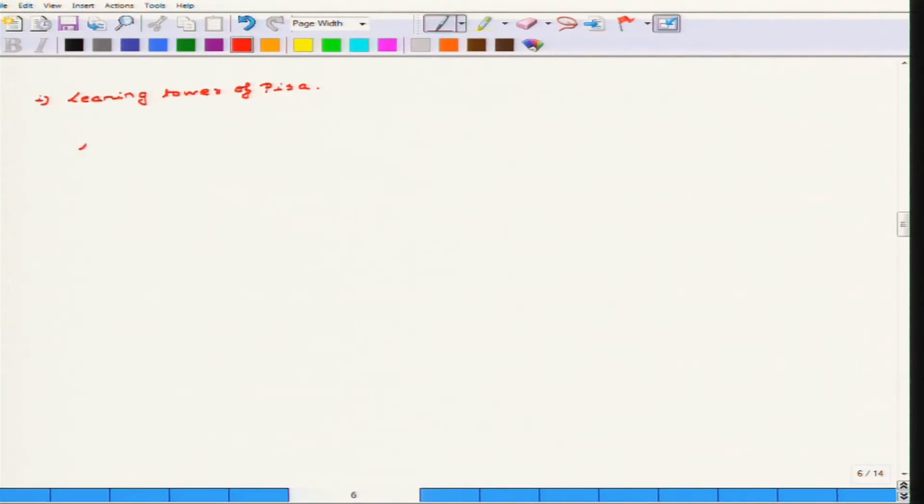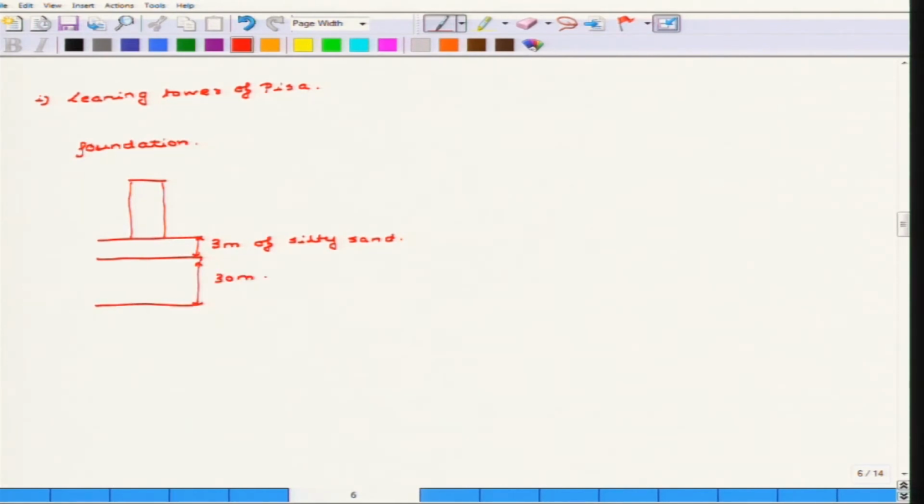The foundation in that case, let us say if this is the structure, then this is 3 meter of silty sand, and this was a clay layer that was 30 meter of soft clay. Now, this 30 meter of soft clay was the only reason why it caused the differential settlement.